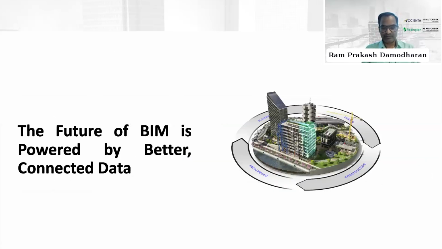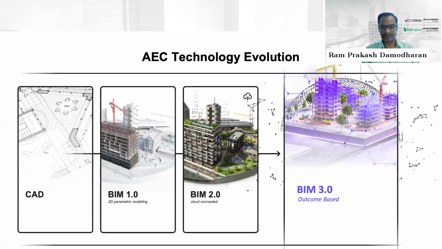Amazing. The future of BIM is powered by better connected data, because there are some phases, as Colleen mentioned before: planning, design, construction, operation. All these phases involve the design team, the great minds who come up with the ideas, and the large amount of data used to generate those models. Next, please.